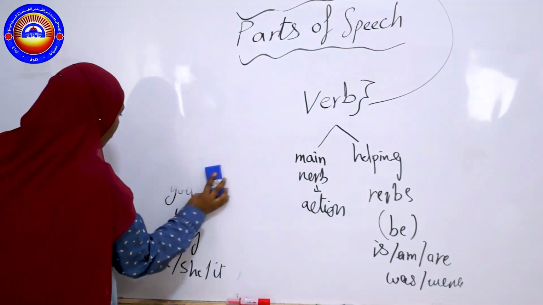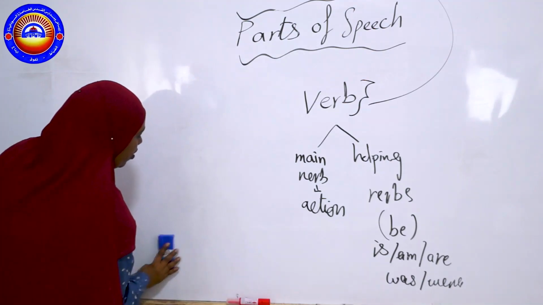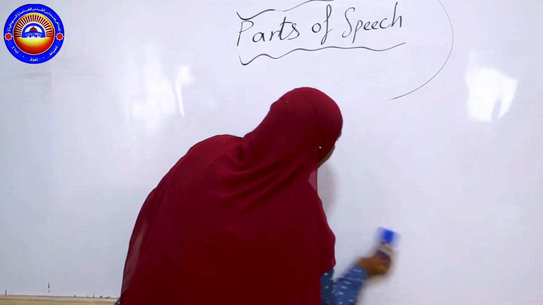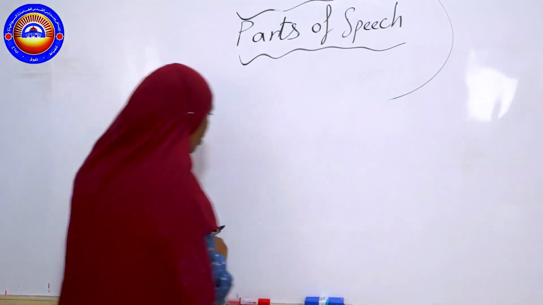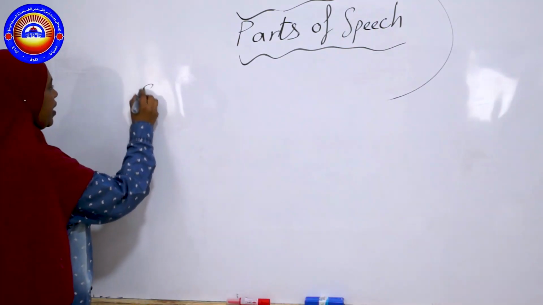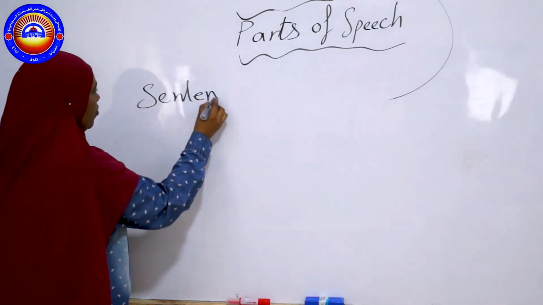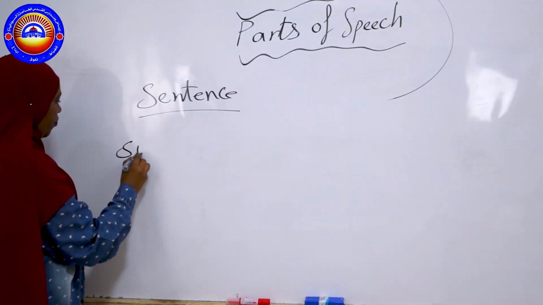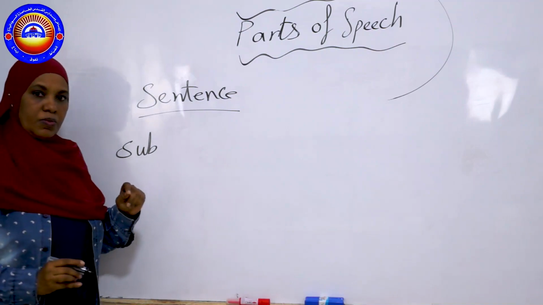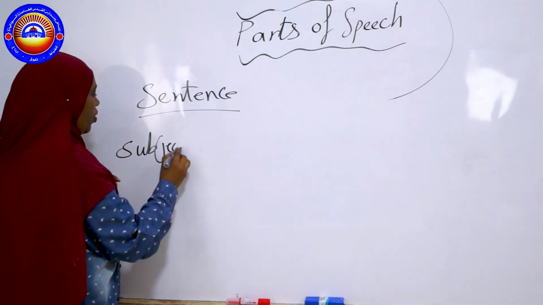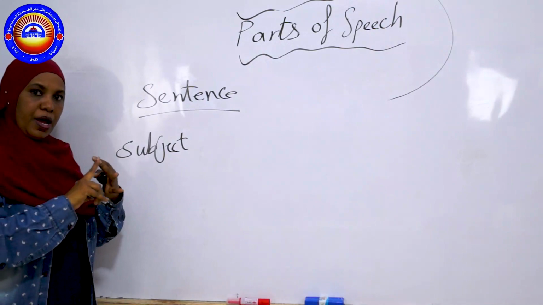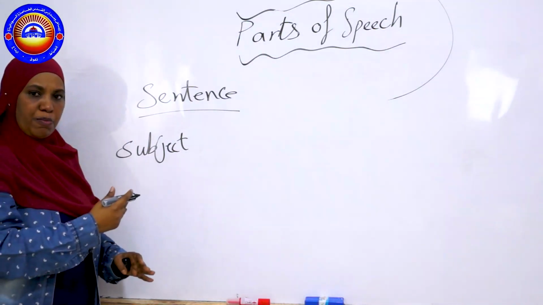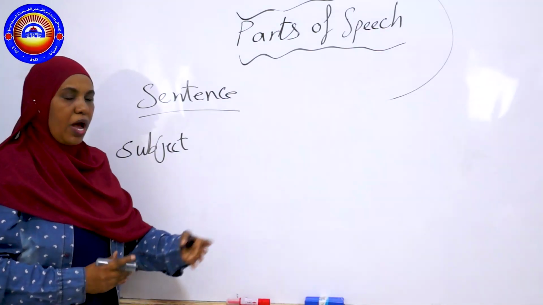Okay, now let us go to another part of our grammar rules. As I have the sentence, which starts with the subject, and as you know, the subject can be a noun, which is divided into the name of something or someone, or a pronoun.